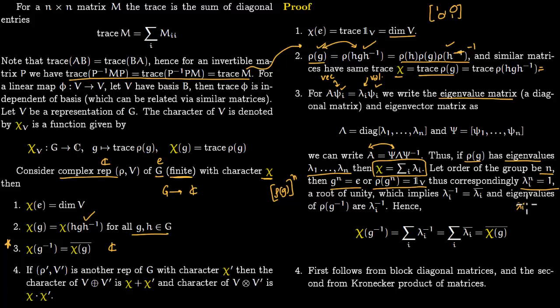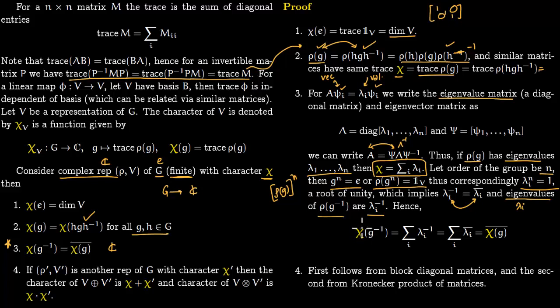So if lambda i is a root of unity, then lambda i inverse is lambda i conjugate. This is a fact from complex analysis for roots of unity. And another fact you can draw from linear algebra is that for rho of G inverse, the eigenvalues are lambda i inverse. You can take the inverse of both sides and you will get lambda inverse in between.